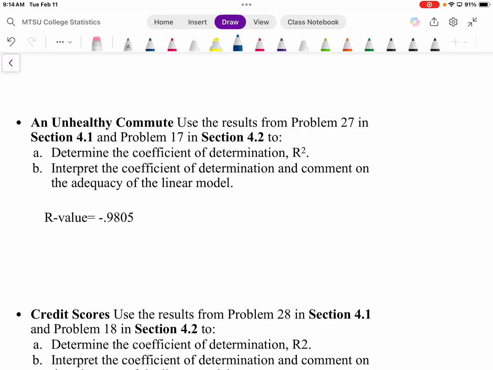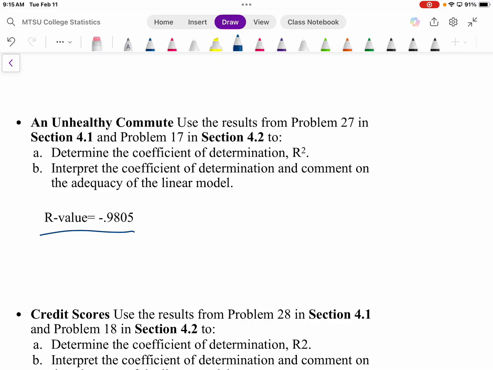Type your data in, do your LinReg formula, let it give you the value, okay? The other way is if we just happen to have just the R value. If they just give us that and ask us what the R squared value is, R and R squared have a relationship. R squared is technically the square of the R value.